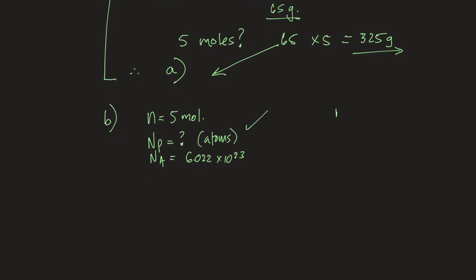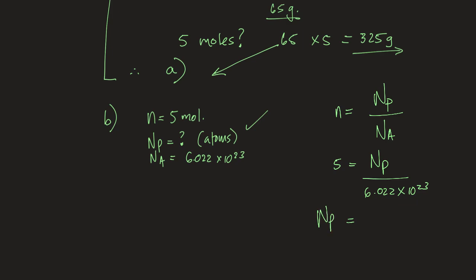Right, so all you do is you say N is equal to NP over NA, and you've got 5 is equal to NP over 6.022 times 10 to the power of 23. So that's 5 times 6.022 times 10 to the power of 23 is equal to, NP is equal to 3.01 times 10 to the power of 24 atoms of zinc.